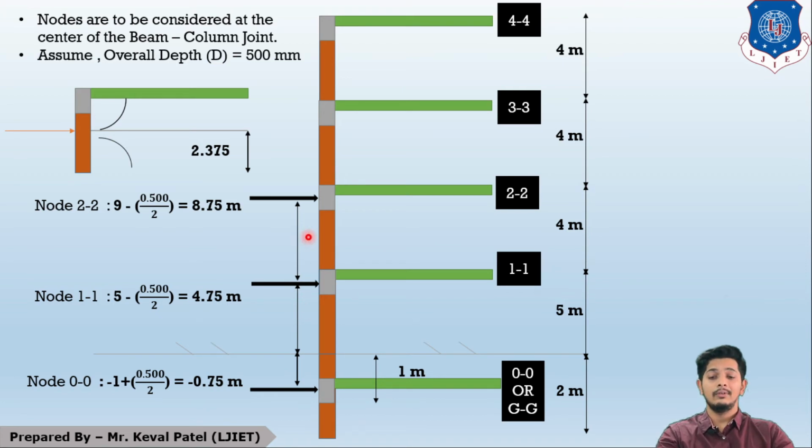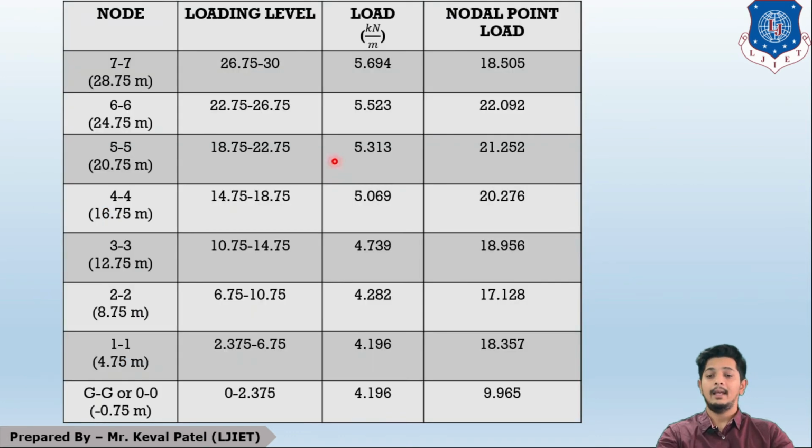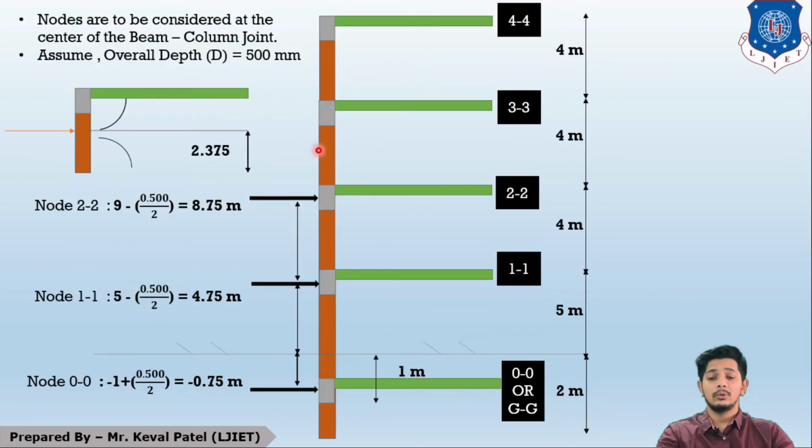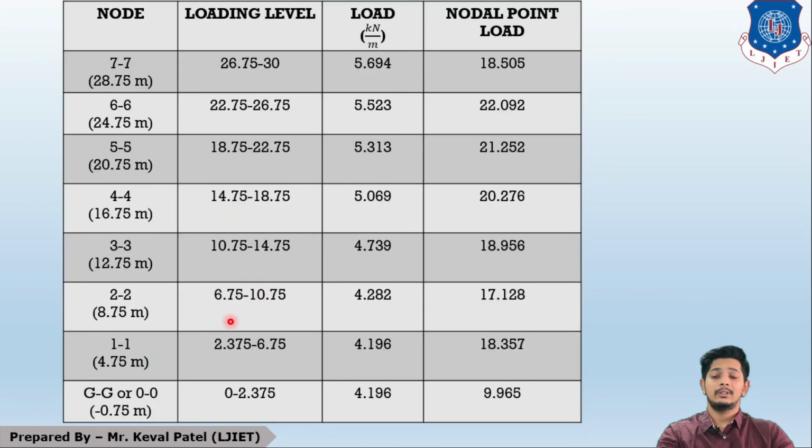Again, for the next we will consider half of this story to half of this story, so we will start from 6.75 here, and half of this story will be added as again 2 meter, 2 meter, so 4 meter will be added to 6.75 and it will be 10.75. Again 4 will be added the same way upwards, and the parapet will be considered at the top. So this is how we prepare the second column. This is the loading level.